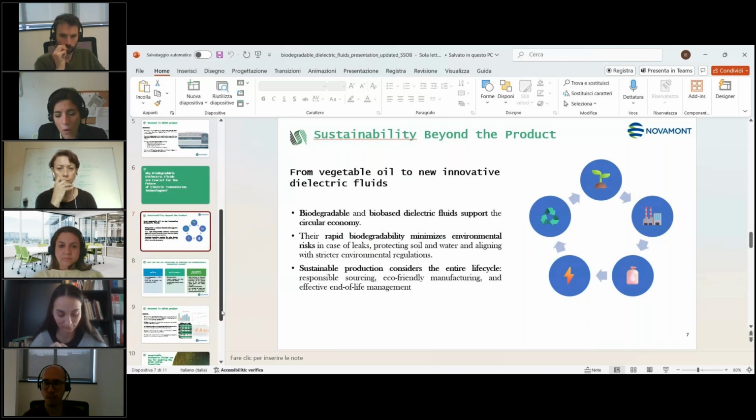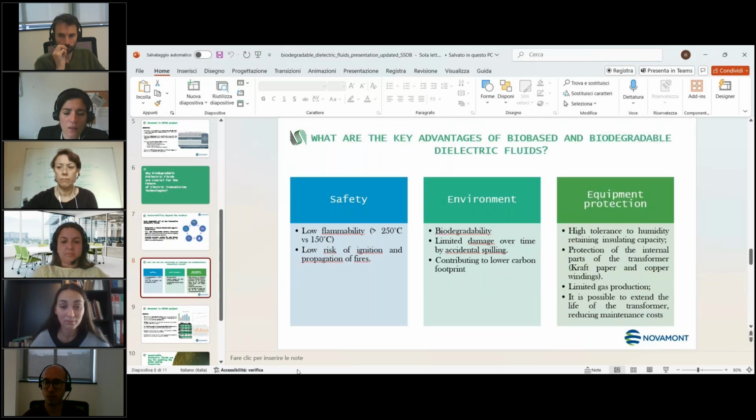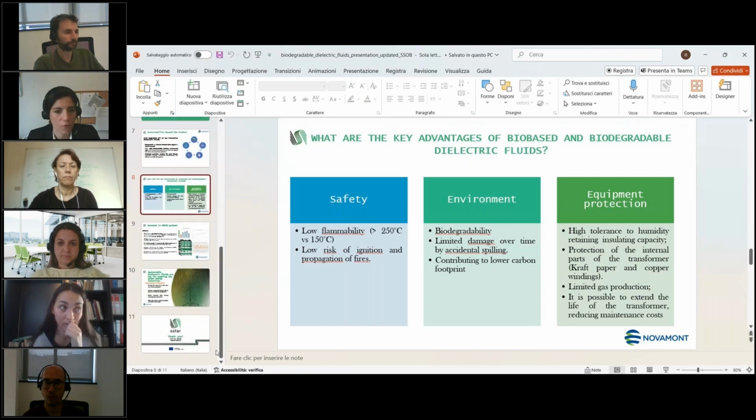And the other one is that the production of this oil can be more sustainable, because they are based on renewable sources, and they are manufactured with a more eco-friendly manufacturing process. And then there can be also an effective end-of-life management. Next slide, please.